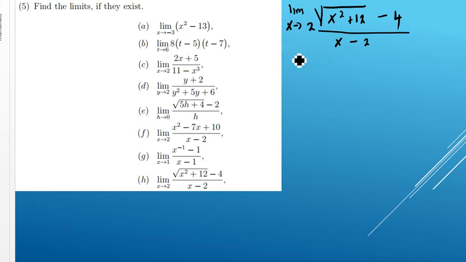So the same thing will apply. We'll find the conjugate of this. So minus 4, this is multiplying everything by root of x to the power 2 plus 12 plus 4.